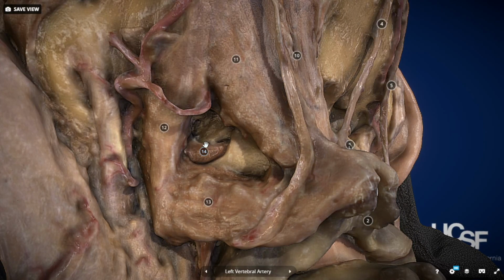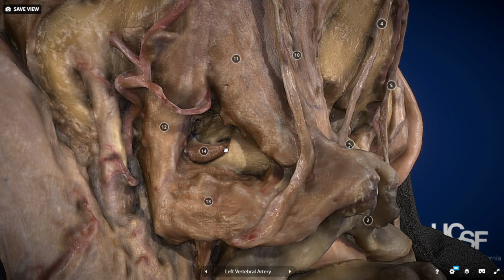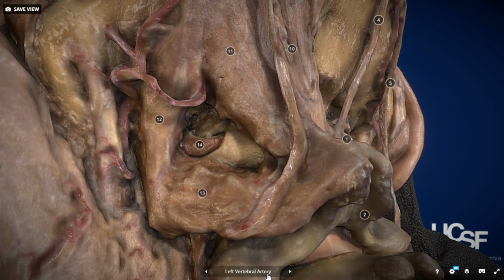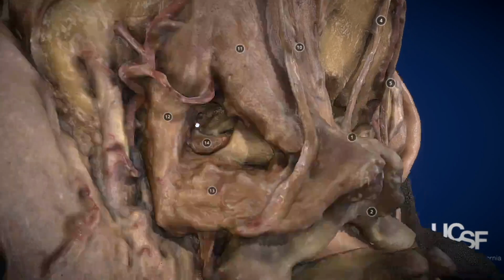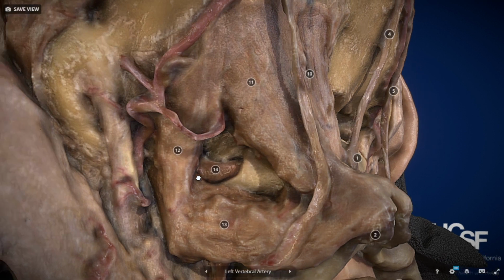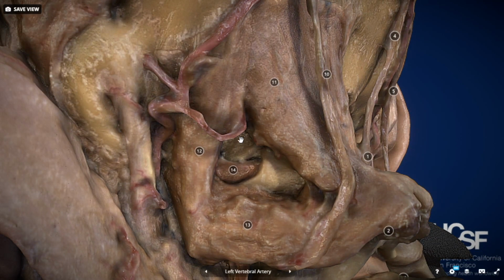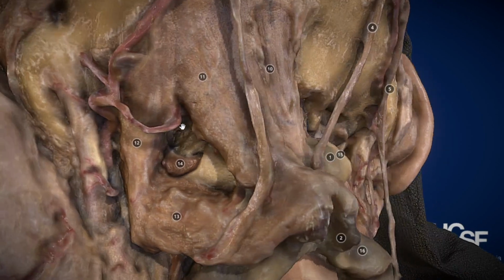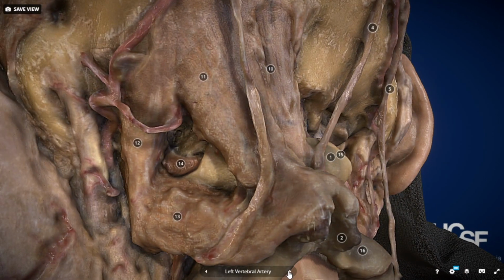Just posterior to the vertebral artery, we're going to find the C1 nerve root, or the suboccipital nerve, and we can also see some branches from the occipital artery that usually form an anastomosis with the vertebral artery. It's important to remember that there's also a vertebral plexus in this region that is likely to bleed when exposing this area.